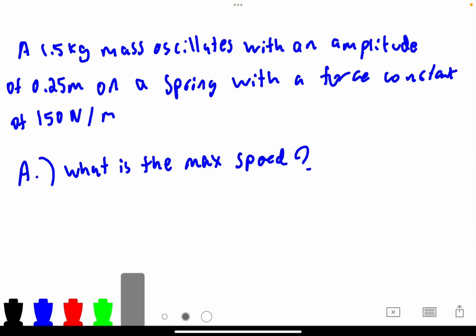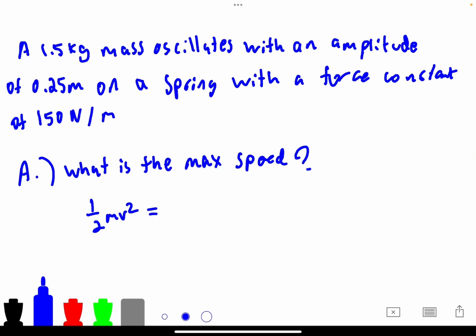A 1.5 kilogram mass oscillates with an amplitude of 0.25 meters on a spring with a force constant of 150 newtons per meter. What is the max speed? To find the speed, we want to use conservation of energy. 1/2 mv squared would be equal to the potential.